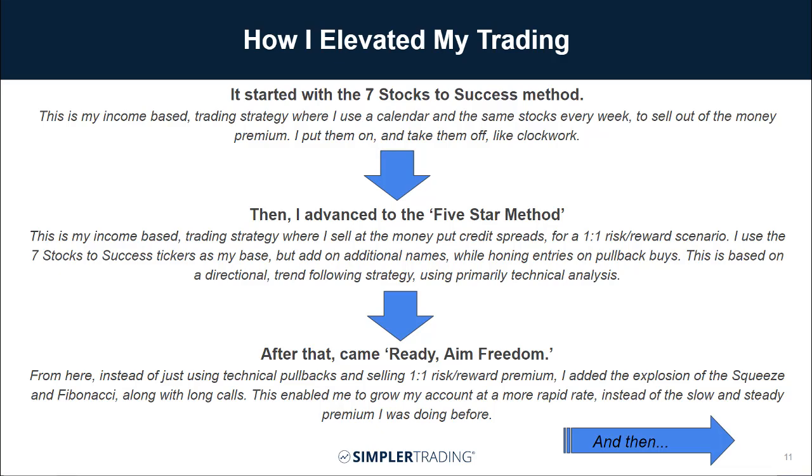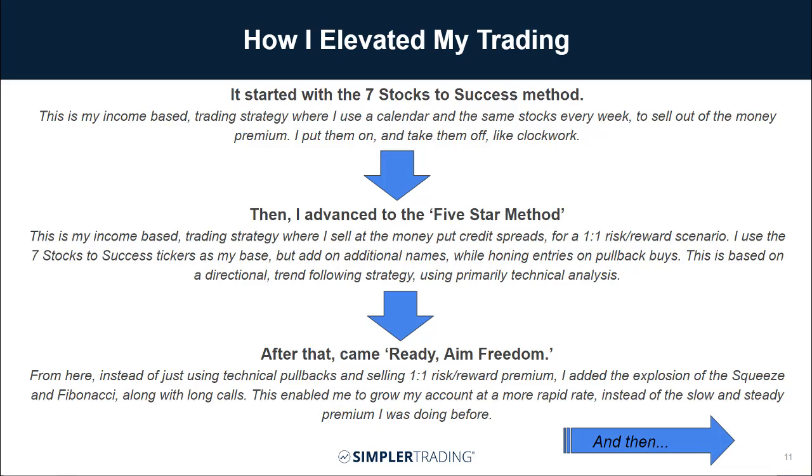I put them on, I took them off like clockwork. I didn't pay attention to a squeeze, I didn't pay attention to fib, I didn't pay attention to anything else besides standard deviation, premium selling, a calendar, and if the market was going crazy, which I only noticed based on my alerts. But the majority of the time I was with my son at the park or something like that.